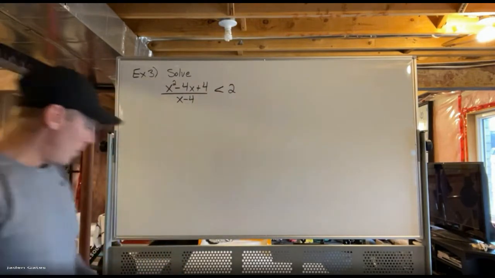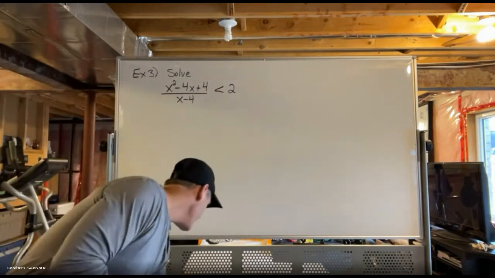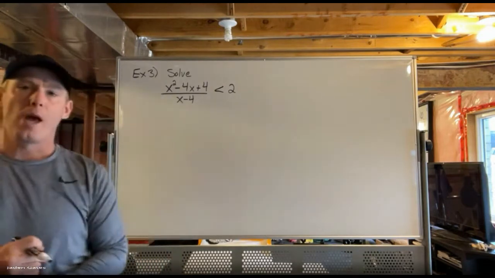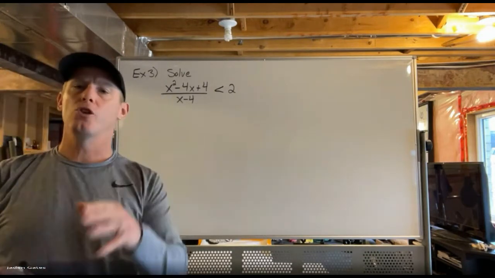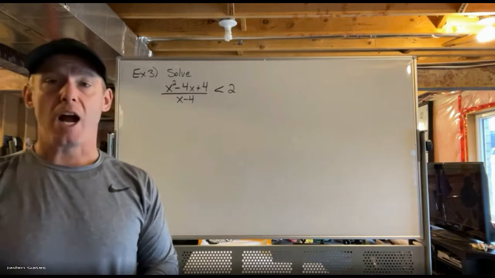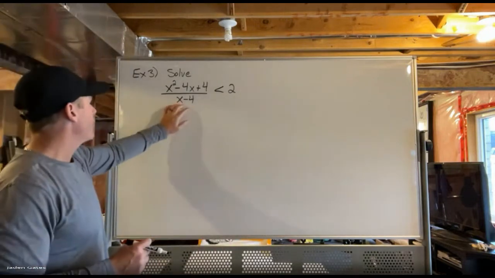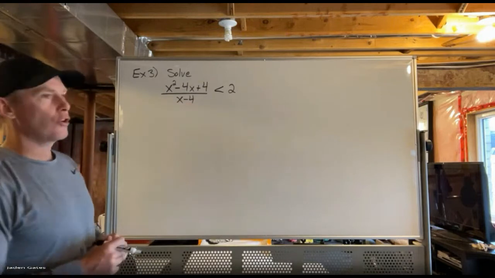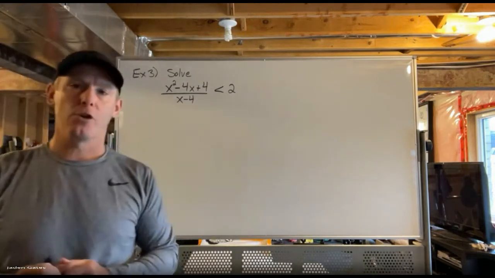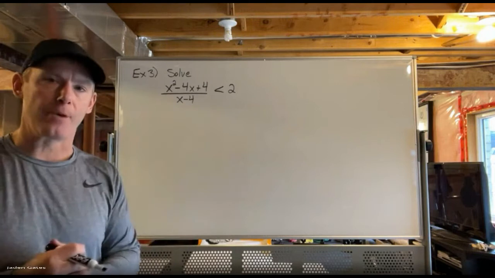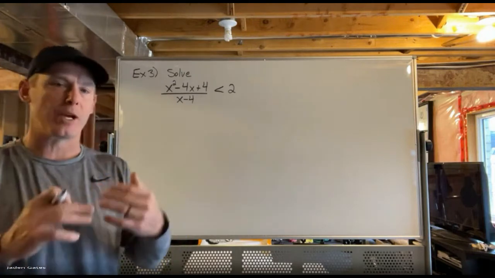All right, so here's what we've got. The first thing that we look for when we're dealing with rational equations, and we should have looked at this when solving rational equations, not just inequalities, is where do we have a vertical asymptote? Because at a vertical asymptote, something special is happening there. And that's what we're looking for. When does something special happen?